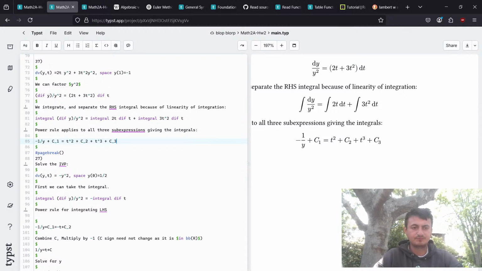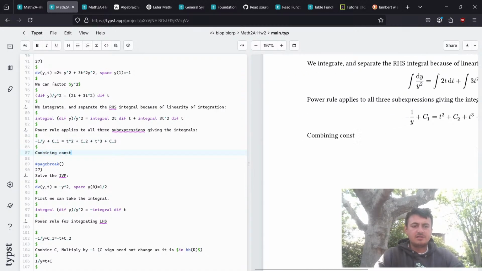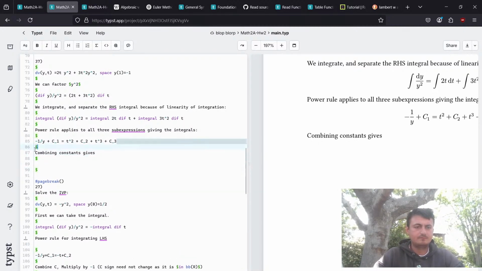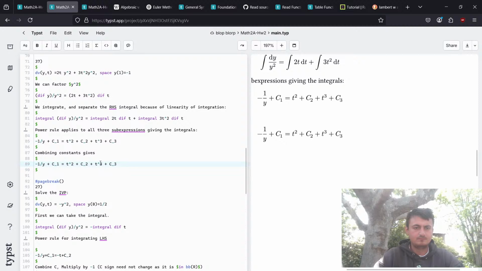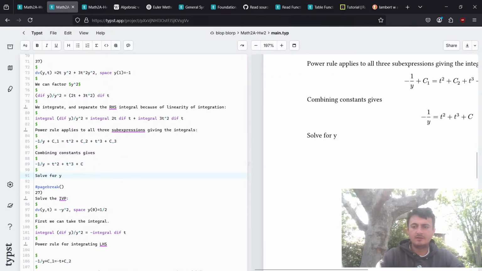Okay. Combining constants gives, solve for y by multiplying by y and dividing.